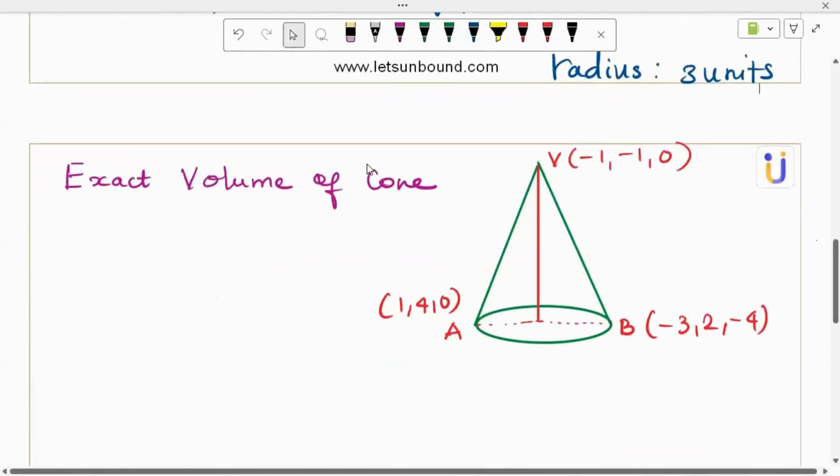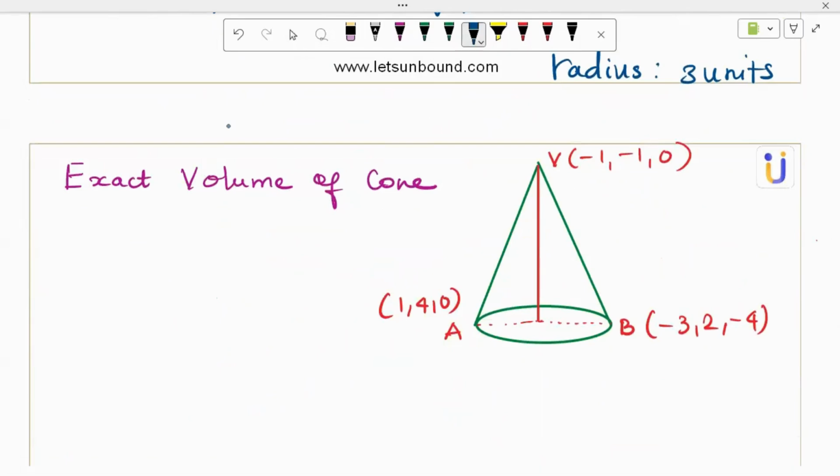And the next part. In the same circle, we know the center and the endpoint of the diameter. There is a cone formed in such a way with the vertex, and they have given this 90-degree marking. We have to find the exact volume of the cone. What is the volume of a cone formula? It's 1 by 3 pi r square h.